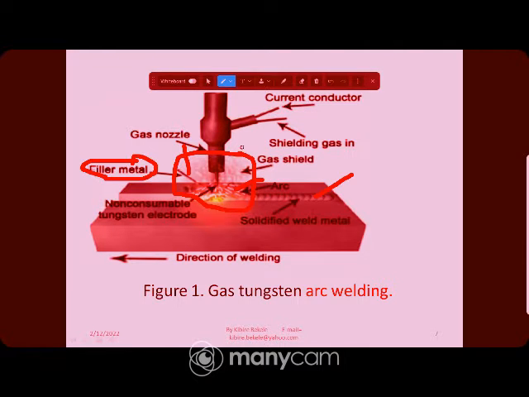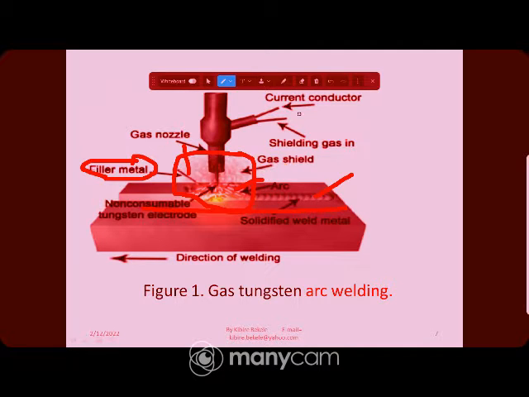So it is used to shield the tip of the electrode, the arc, the molten metal, and also the heat affected zone of the base metal.